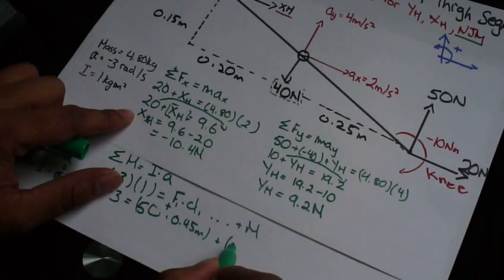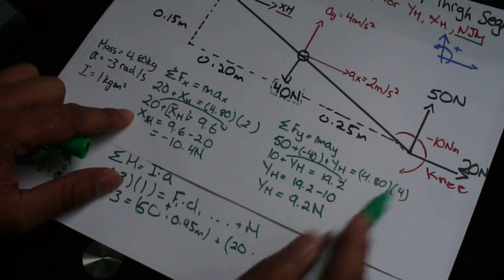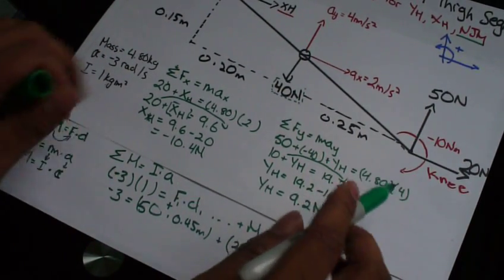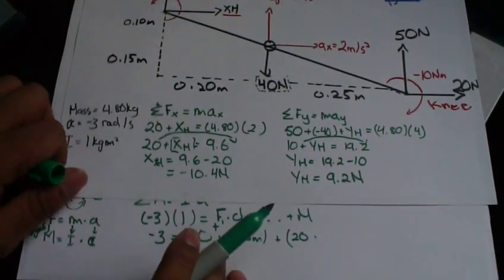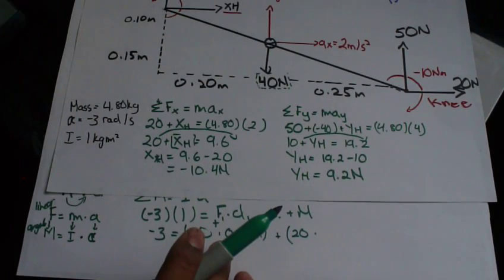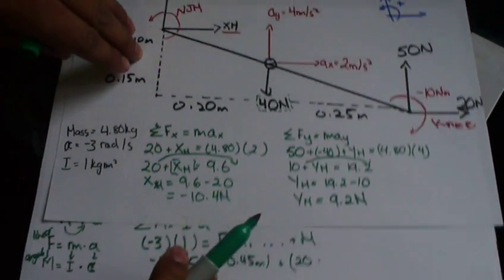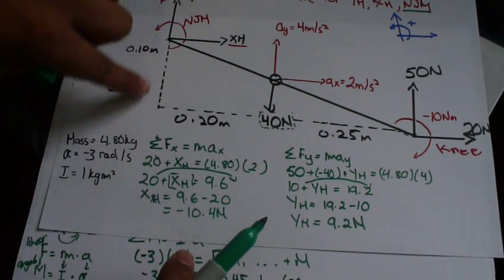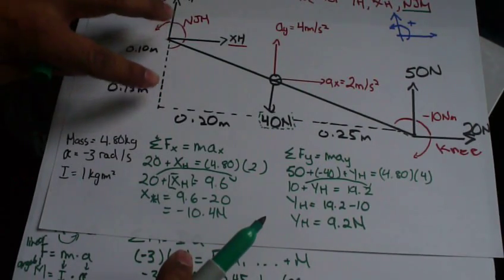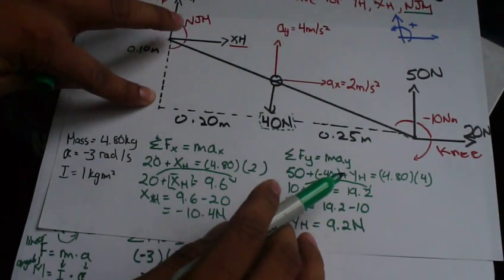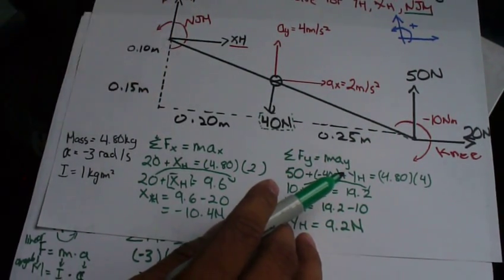Add 20 newtons multiplied by this perpendicular distance. So we know that this is acting in the x direction. Perpendicular to the x direction is the y direction, yeah? And we have these distances here. They're the distance from the knee to the place of rotation, right?